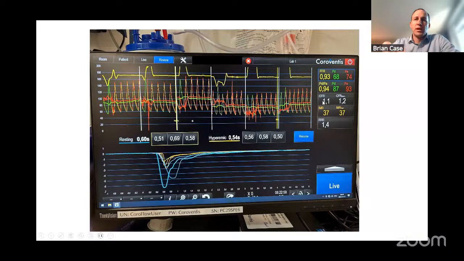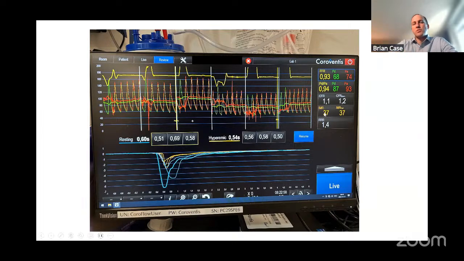And then we did a CMD evaluation here, and you can see that it was markedly abnormal. Her CFR was 1.1, so it was low. So her coronary flow reserve was compromised. And then her index of microvascular resistance, her IMR, was significantly elevated at 37.